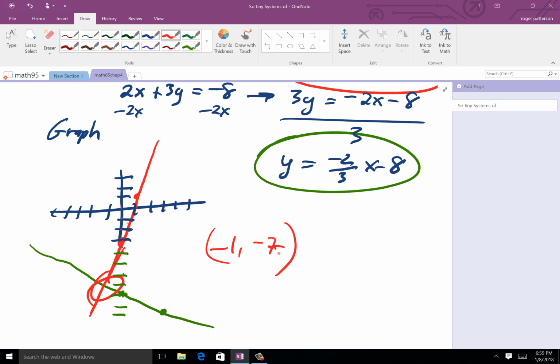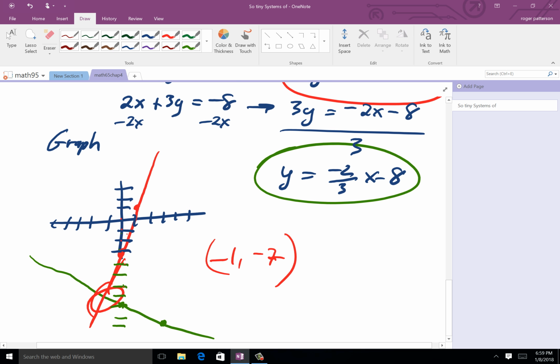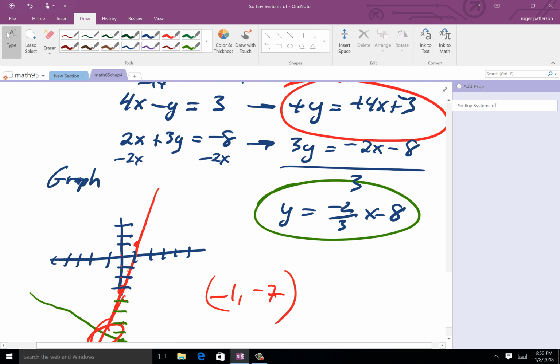Now I'm going to come down here, put the other one in, y equals. You know what I did? I think what I didn't do on this one. Doggone it. I see I made a mistake. Where's it at?